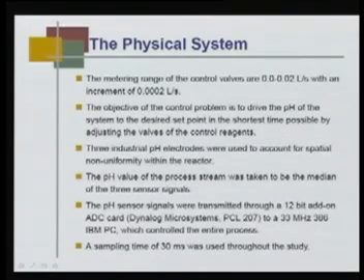The objective of the control problem is to drive the pH of the system to the desired set point in the shortest time possible by adjusting the valves of the control reagents. 3 industrial pH electrodes were used to account for the spatial non-uniformity within the reactor.